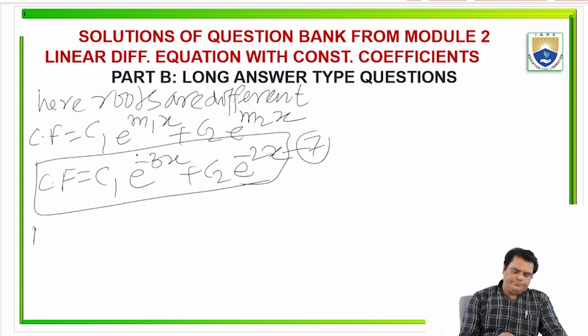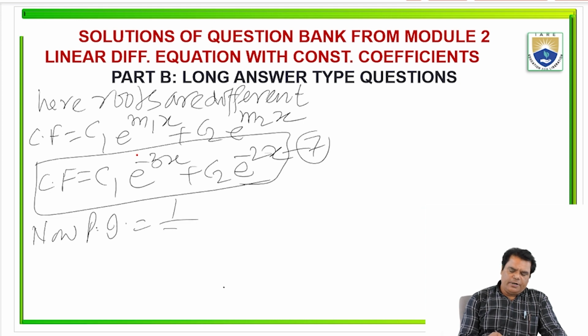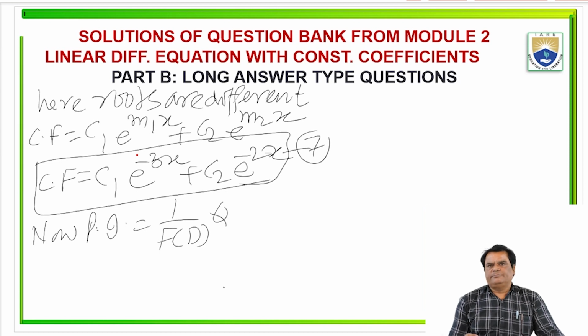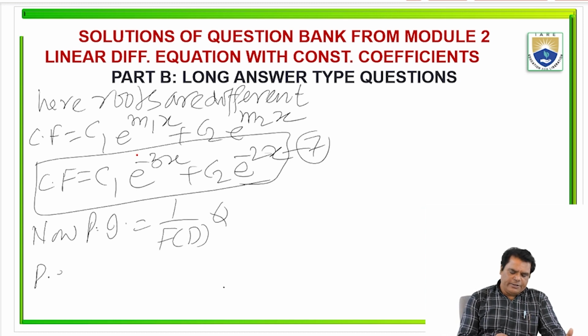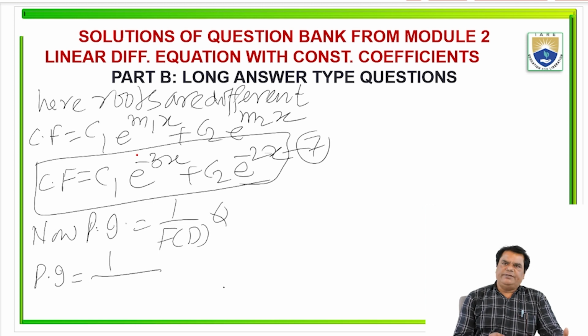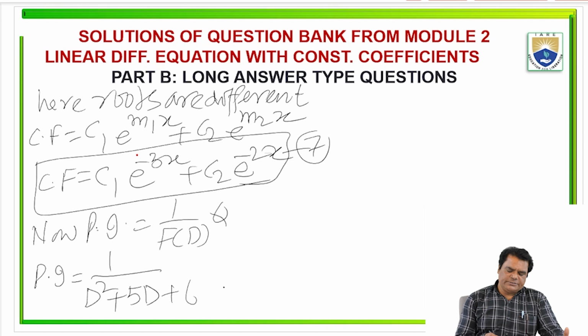Now PI is equal to 1 upon F(D) into Q. This is the basic formula for the given question. So what is F(D)? F(D) is D square plus 5D plus 6, and Q is 1 upon 2 of cos 3x minus cos 5x.